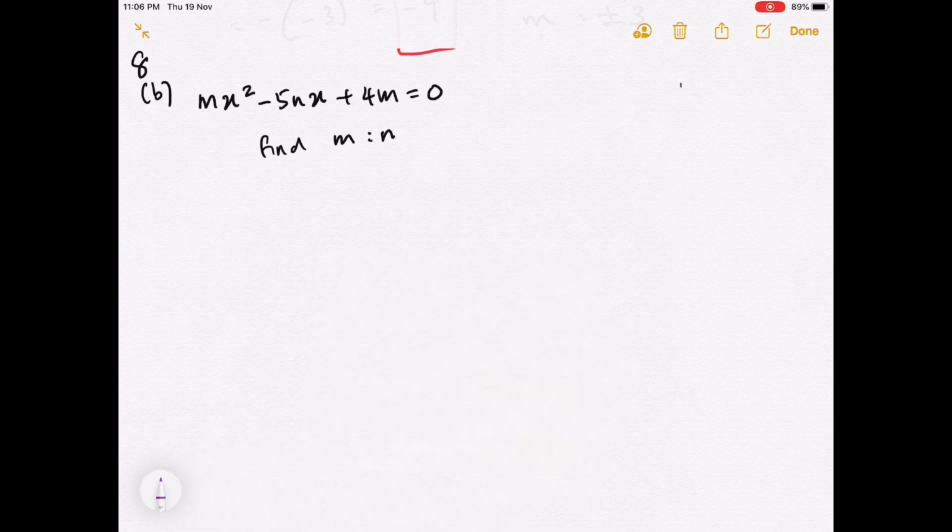Okay, so number 8, B is given that this quadratic equation where M and N are constants has 2 equal roots. So 2 equal roots meaning that b squared minus 4ac equal to 0. And then this is cari M nisbah N ataupun dengan kata lain dia M per N. Okay.